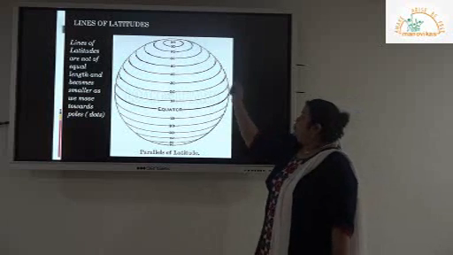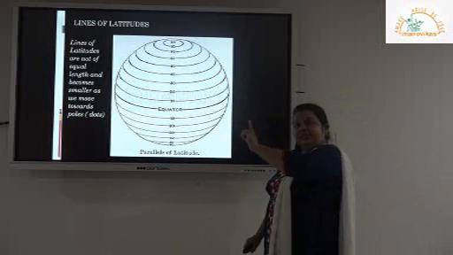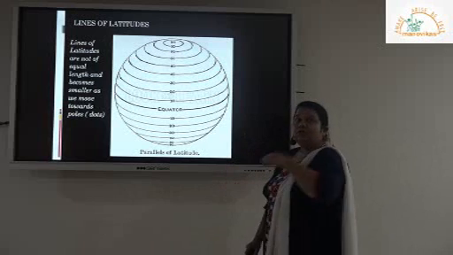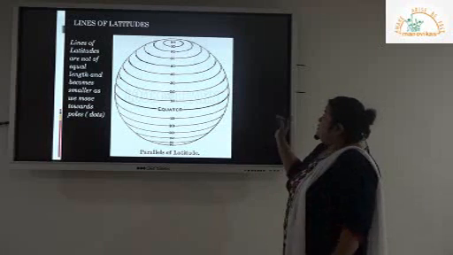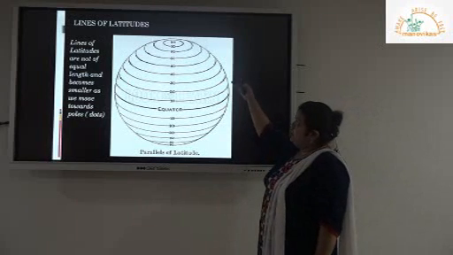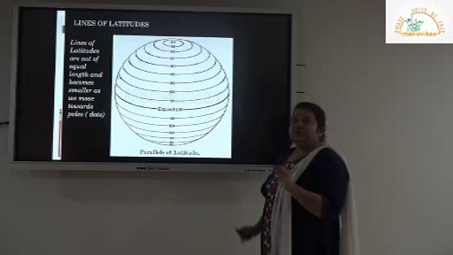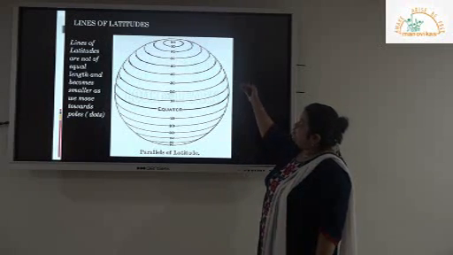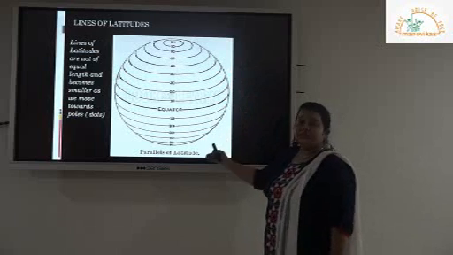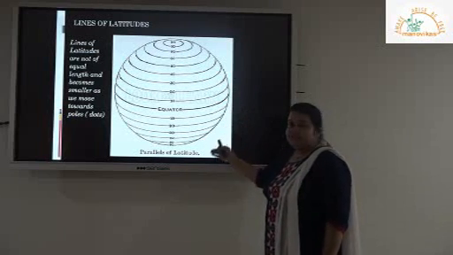And when we consider the North Pole and South Pole, that is your 90 degrees north and 90 degrees south, they are just dots as latitudes. Each latitudinal value in the north is suffixed with north, like 1 degree north latitude, similarly up to 90 degrees north, and the same thing is understood with the southern hemisphere.